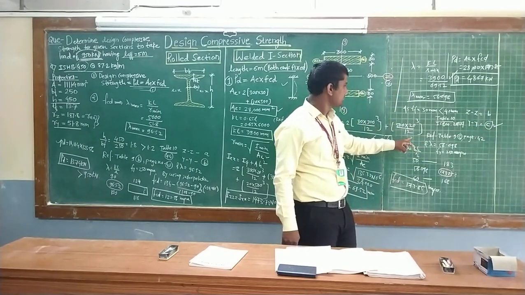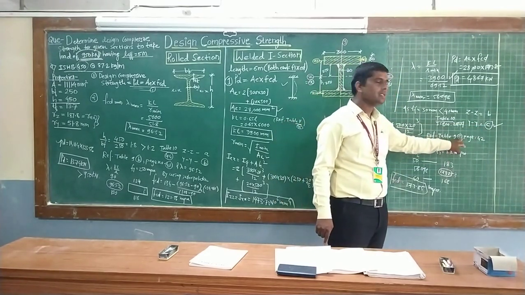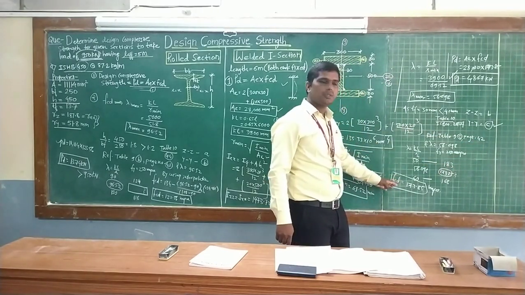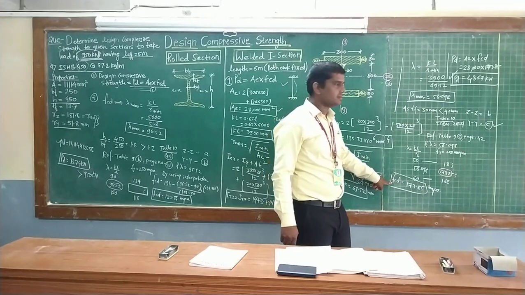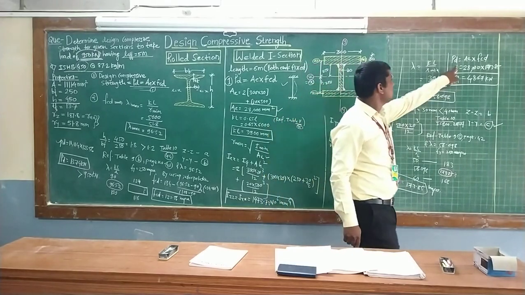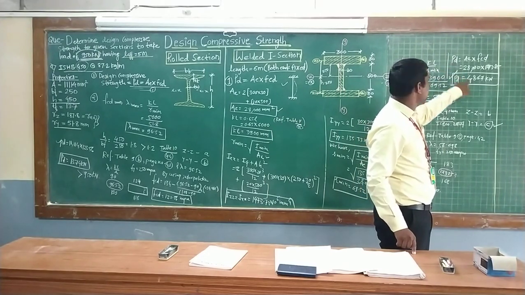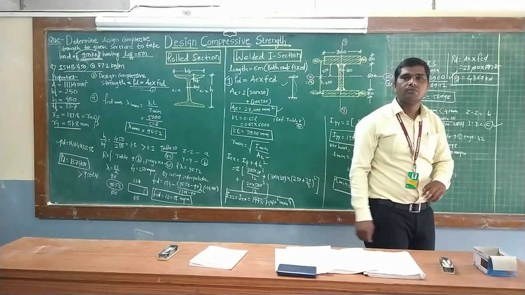Then refer to Table number 9C, page number 42, and go through the interpolation and find the FCD value, the design compressive stress. Then substitute in the equation of design compressive strength. Then this value will be the final answer.